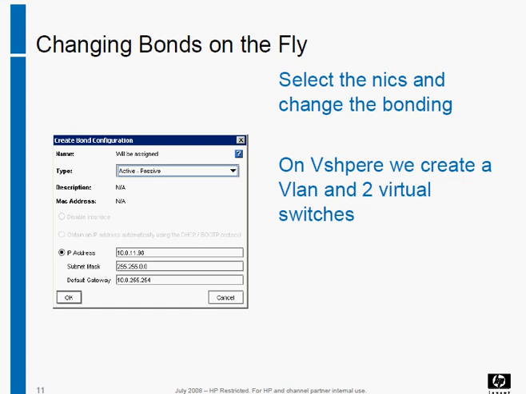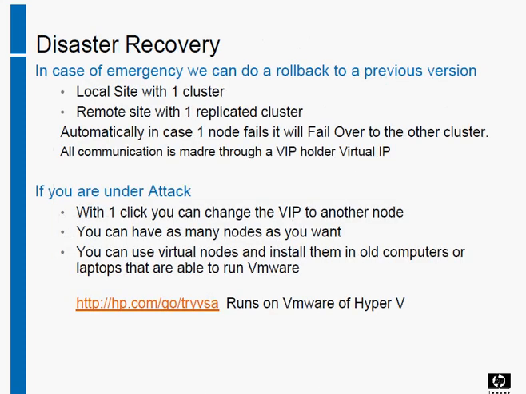That's the only difference. Now we have disaster recovery embedded into the software. In case of emergency, we can do a rollback to a previous version with just one click. It's just right click, roll back to an old copy of the volume, and that's it.